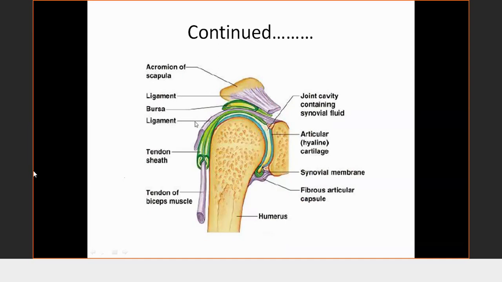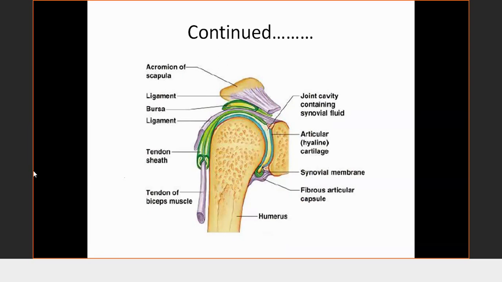Then the bursa. We call the bursa a lubricating device. Where there is movement, there is a presence of a fluid sac-like structure, a lubricating device, which is called the bursa.